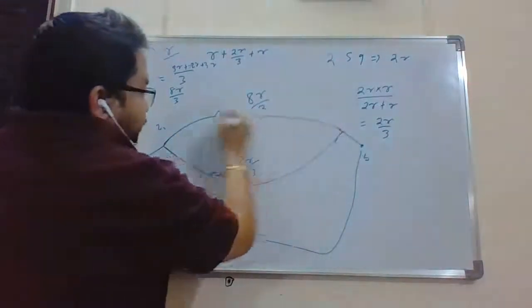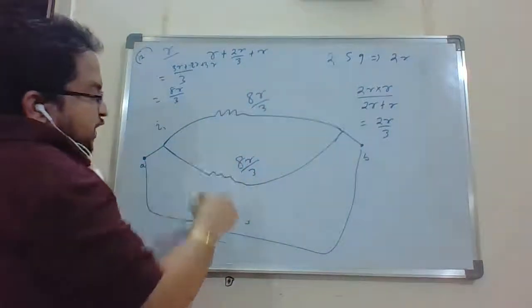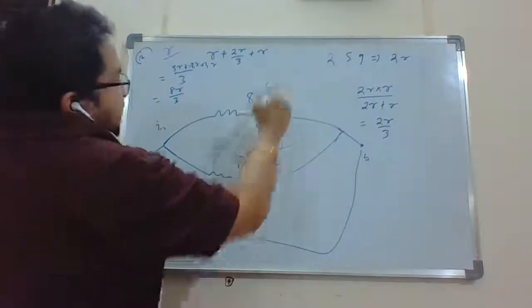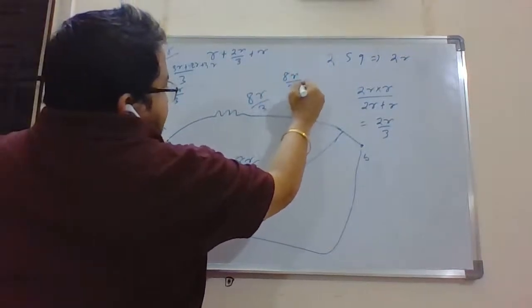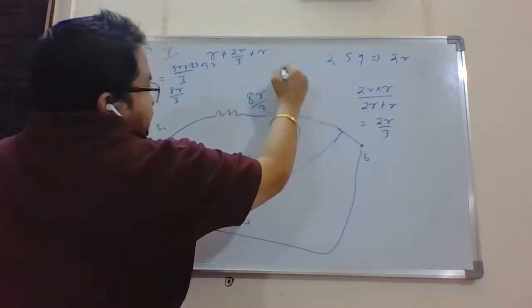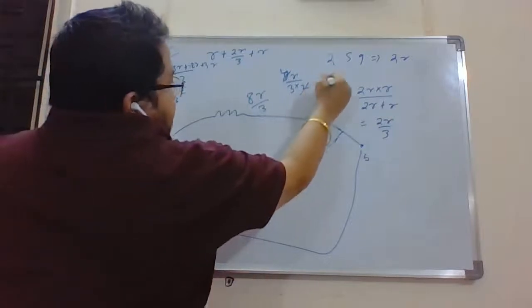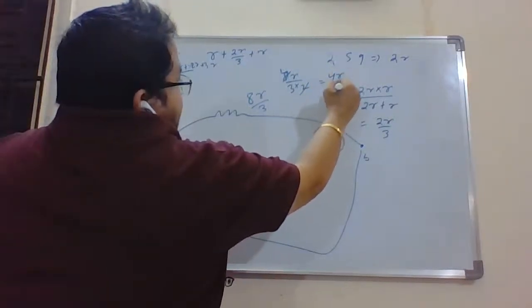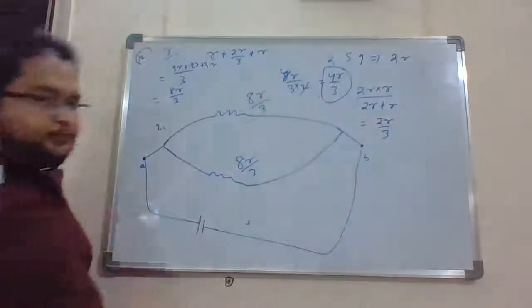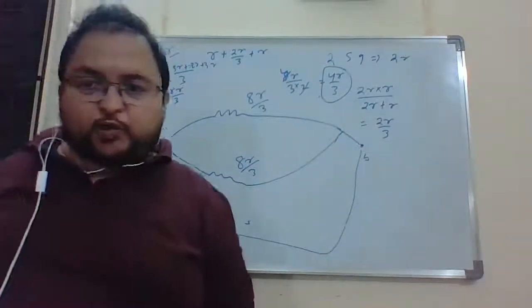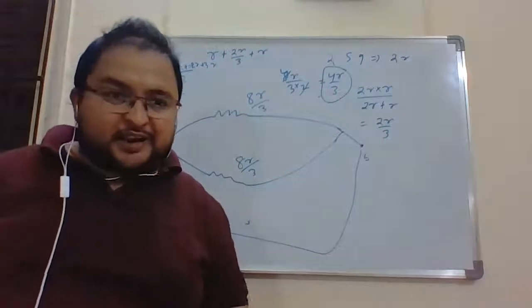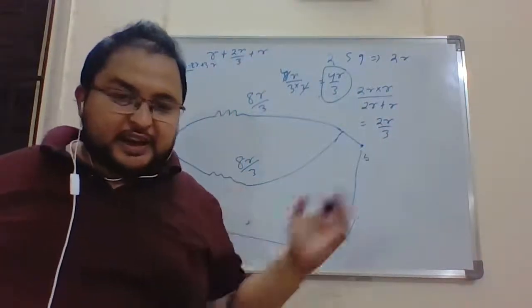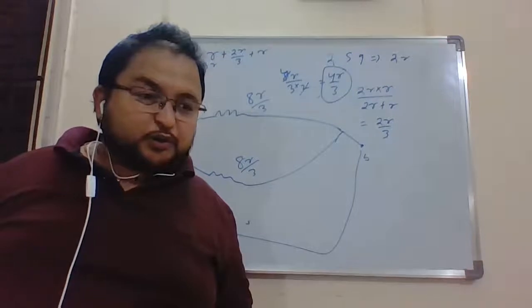By taking these two, you can complete a loop. So they are in parallel. If they are in parallel, then 8R by 3 by 2, so 2 and this becomes 4. So the answer is nothing but 4R by 3. So you see how a big and complex looking circuit has shrunk to smaller ones.